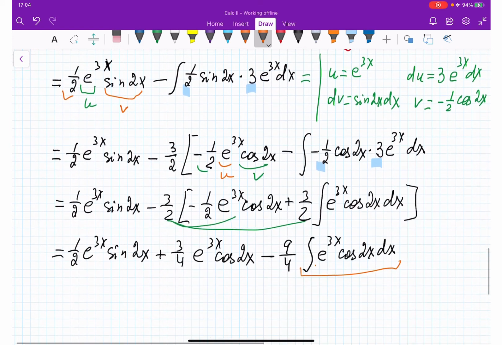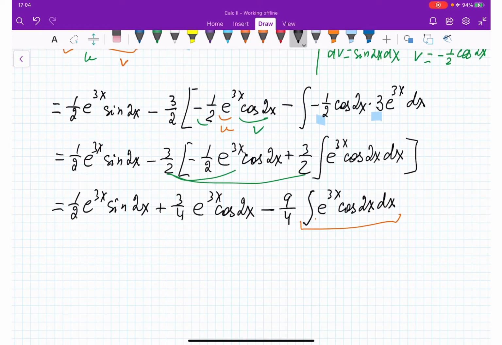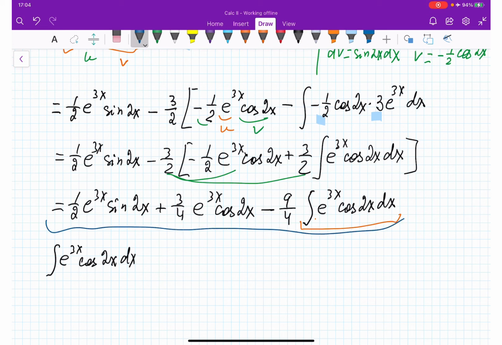Yes? Therefore, I'm going to write down integral e to the power 3x cosine 2x dx, right? My original one, because all this expression is part of the equation, and it's equal to integral e to the power 3x cosine 2x dx, right?